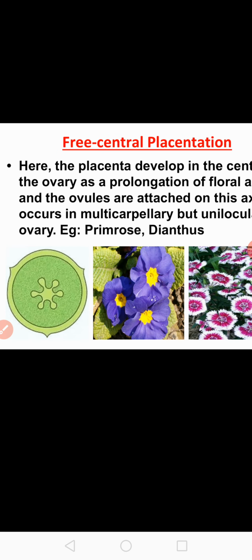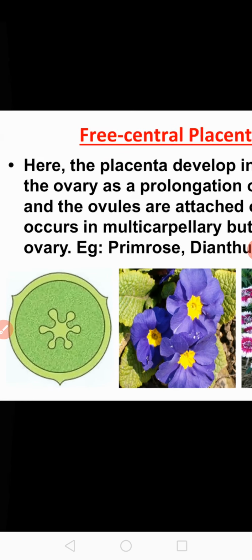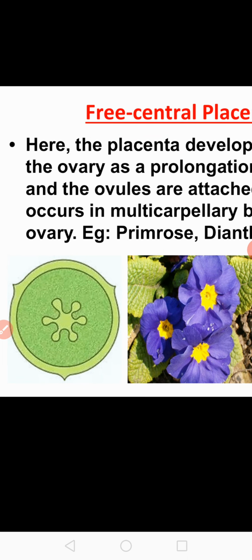So next type is free central. Here the placenta develops in the center of the ovary as a prolongation of the floral axis, and the ovules are attached on this axis. It occurs in multicarpellary but unilocular ovary. It is somewhat similar to that of axial placentation. In axial placentation also it contains the central axis, and from the central axis many ovules are formed.